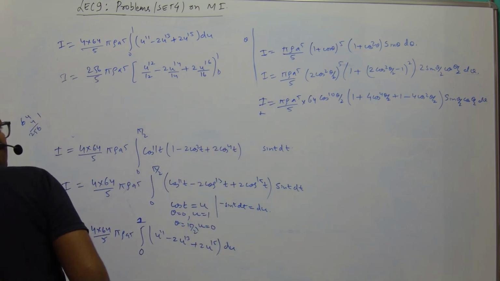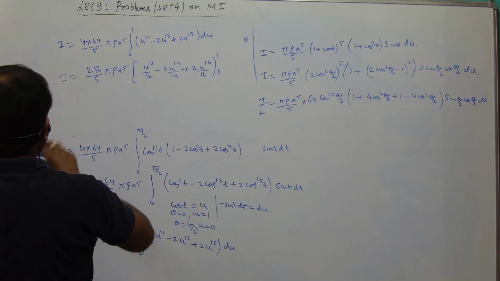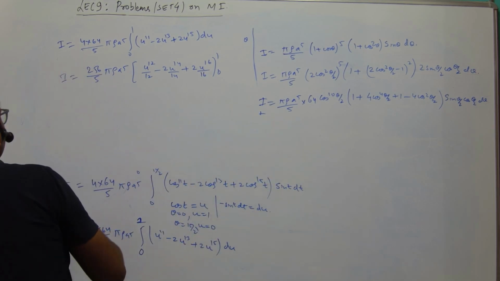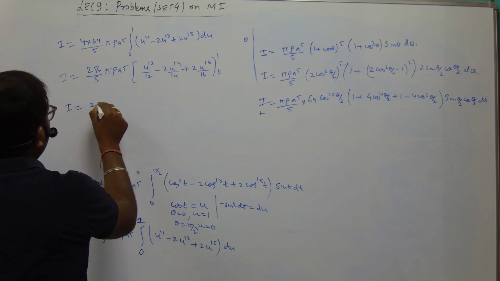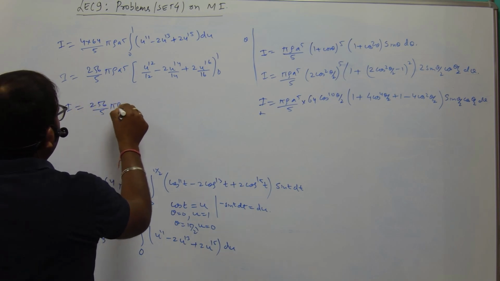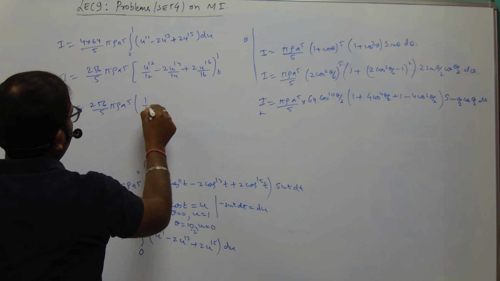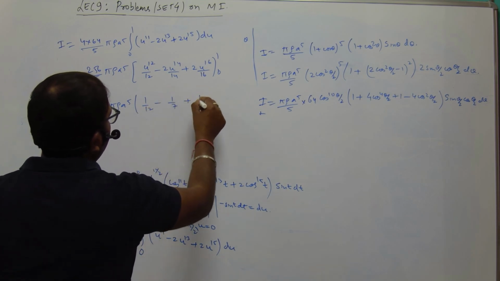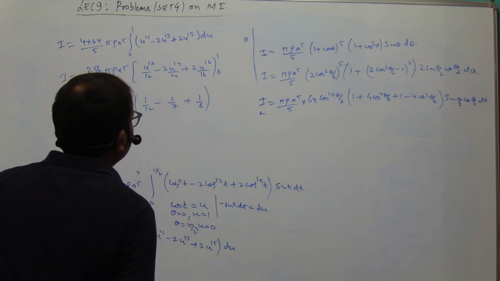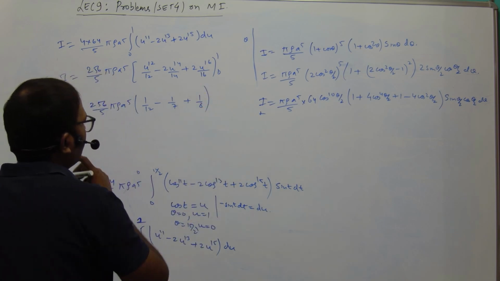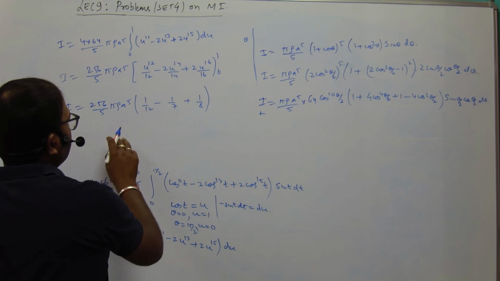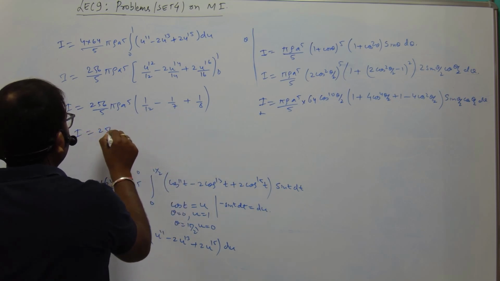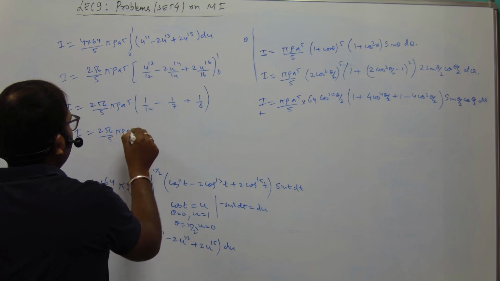Let us further simplify this. So I is equal to 256 upon 5 pi rho a^5 times 1 upon 12 minus 1 upon 7 plus 1 upon 8. Okay, so we have I is equal to 256 upon 5 pi rho a^5.